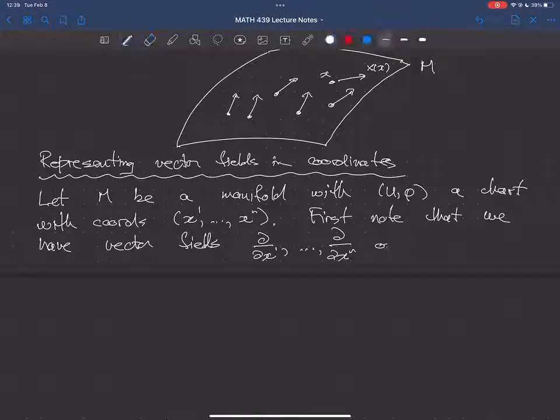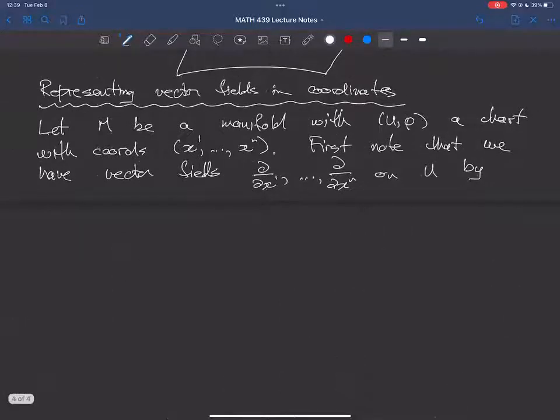So these are defined on U. Okay, and they satisfy this formula.